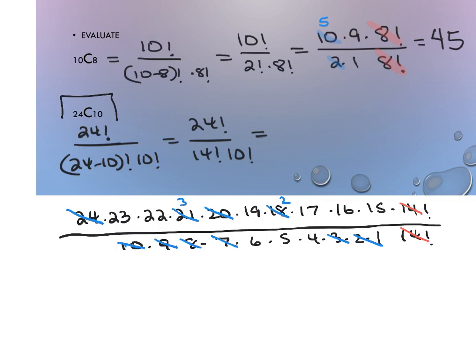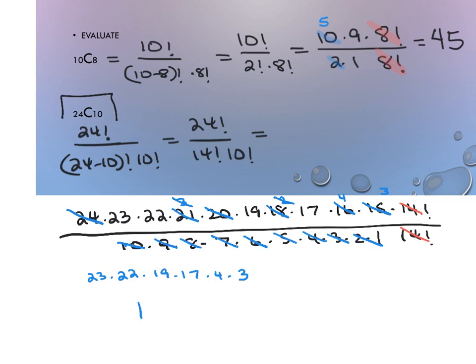And I can do the 6 with this 2 and 3. I can do the 5 and change the 15 to a 3. And then I could do the 4 and the 16. And then now I would multiply what's left, the 23 times 22 times 19, 17, 4, and 3.